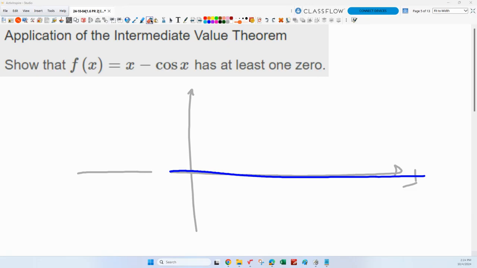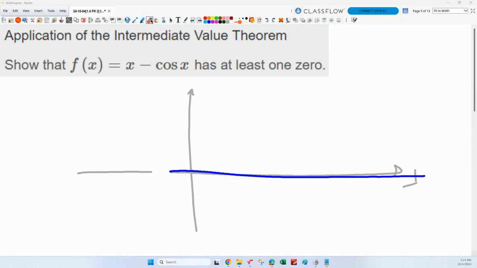Can you think of an easier one? -1 and 1 would work, but let's pick values that maybe we know on the unit circle. What's the easiest value of x you could pick that gives you a negative output? How about 0? Because 0 minus, what's cosine of 0? 1. 0 minus 1 is -1, right?